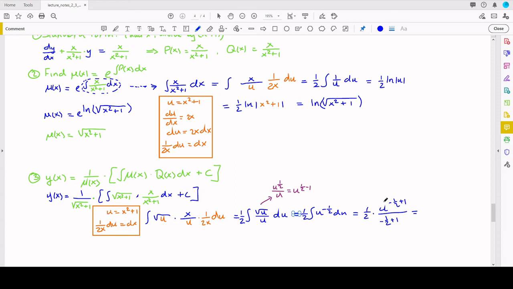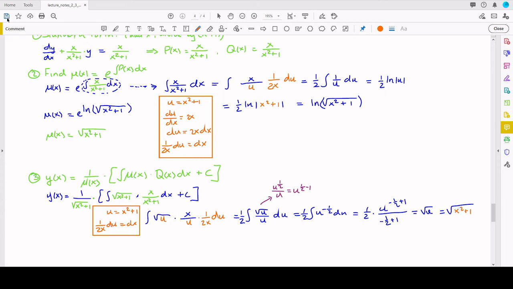So this is u to the power 1/2 over 1/2, and that 1/2 cancels with the 1/2 in the front. So in the end, this is nothing else than square root of u. And of course, u was x squared plus 1, so that's our integral right here.